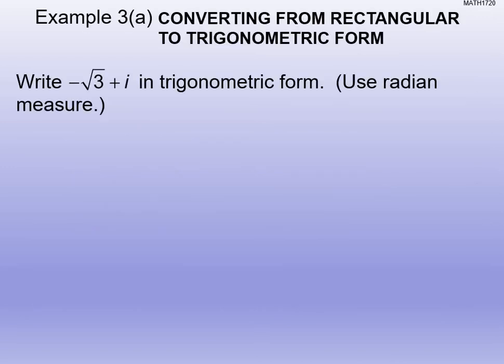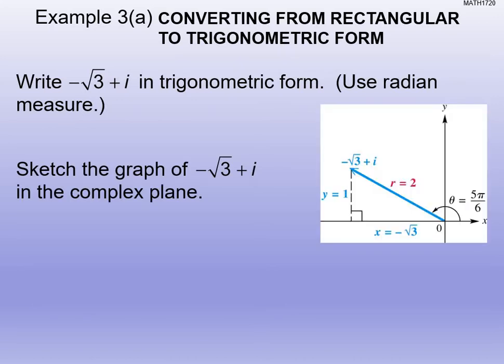Okay, so let's take this expression here. It's obviously complex, right? So we're going to take negative square root of 3 plus i, and we're going to write that in trigonometric form. So when we graph it, we can just kind of know what our triangle is. If we sketch that graph, it's going to look similar to this.